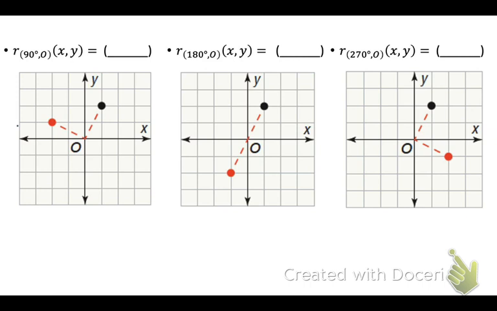Origin. Okay. X, Y. So I'm going from the black to the red. It is negative Y, X. So you interchange the X and the Y. Yes? And make the Y negative or positive, just opposite sign.